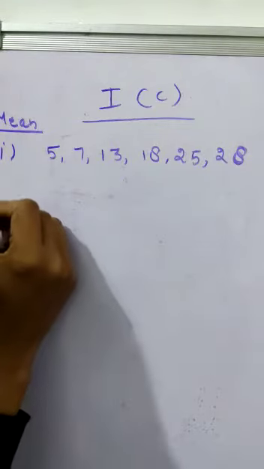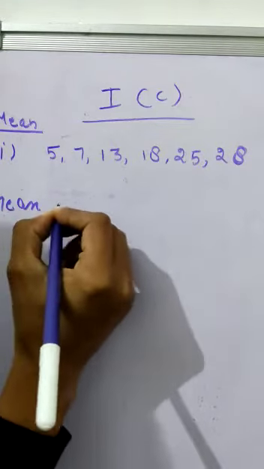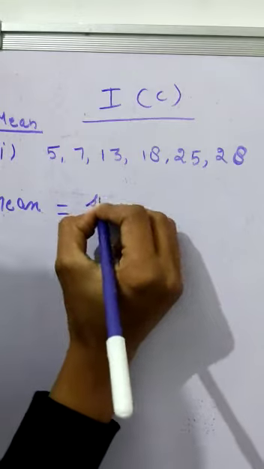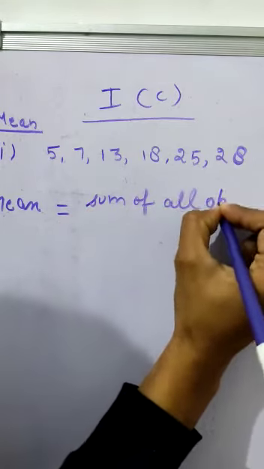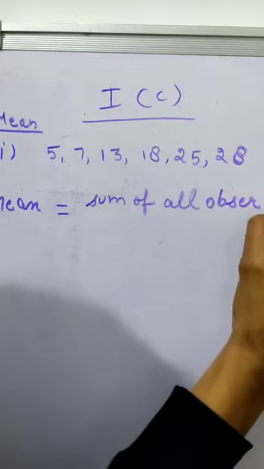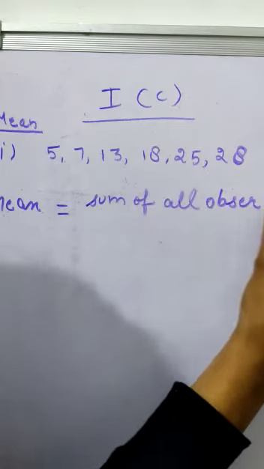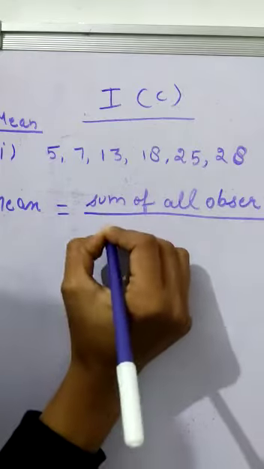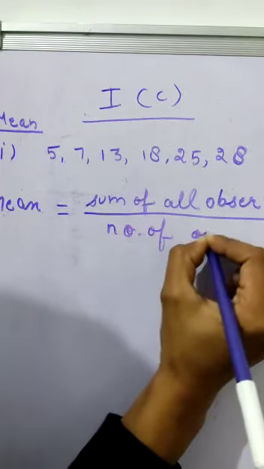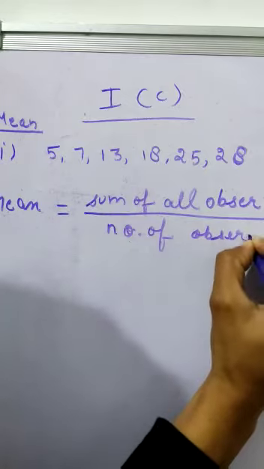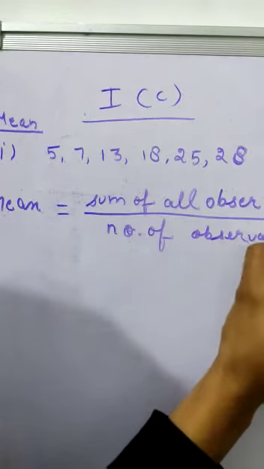So what is the formula? You have to write the formula in every question: mean is equal to sum of all observations and number of observations.